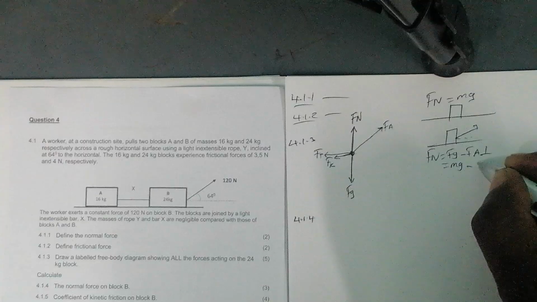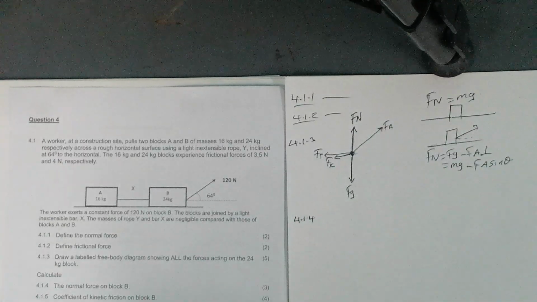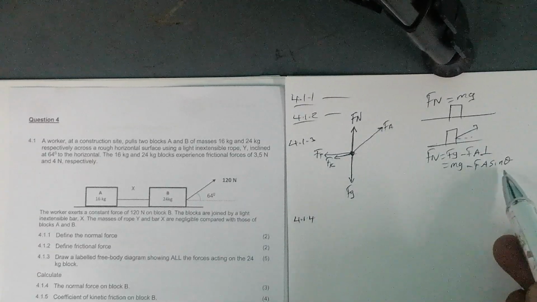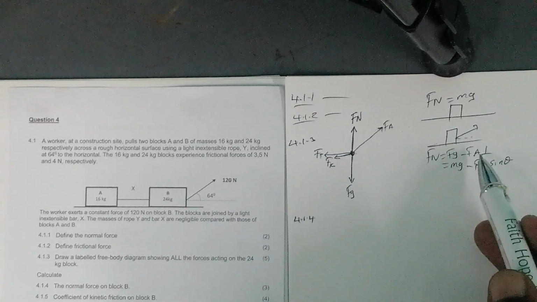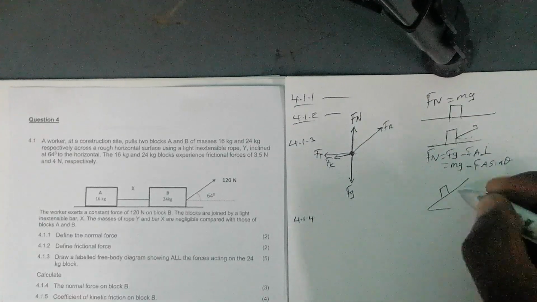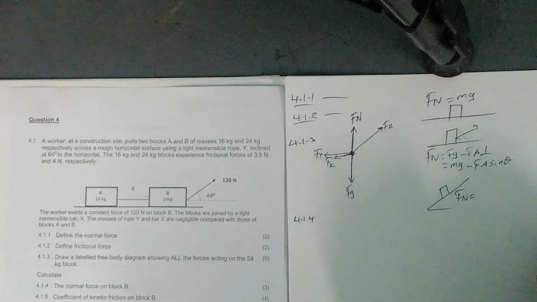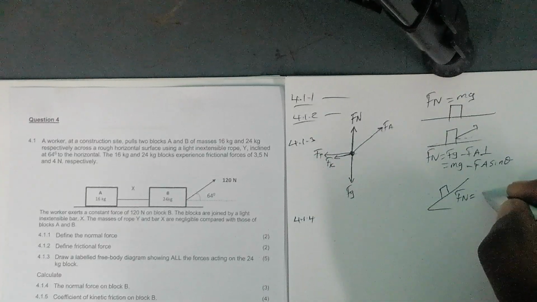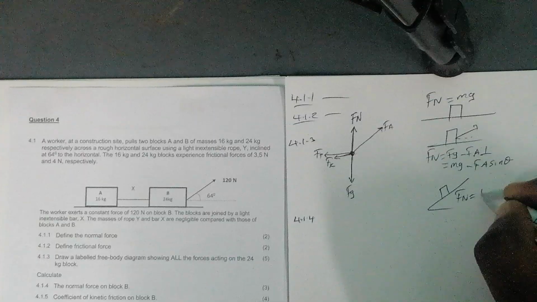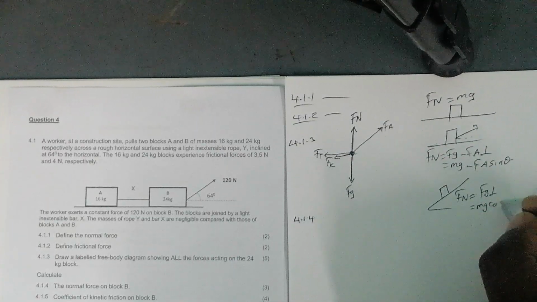Then Fa sine theta. Do not put cos yet. Sine theta, it is cos if this is Fg perpendicular. Then if you have your object on an incline surface, then it's Fn equals Fg perpendicular, which is mg cos theta.